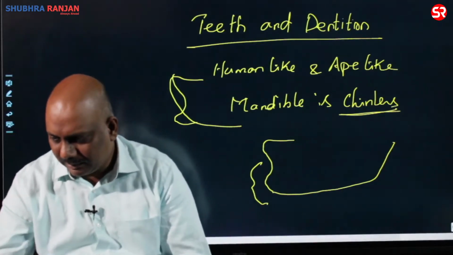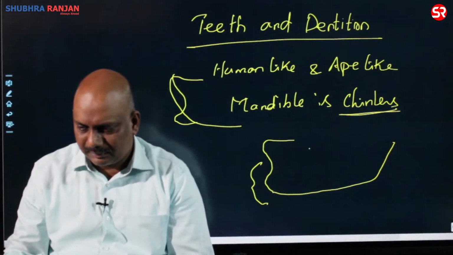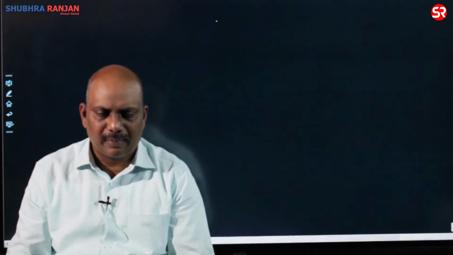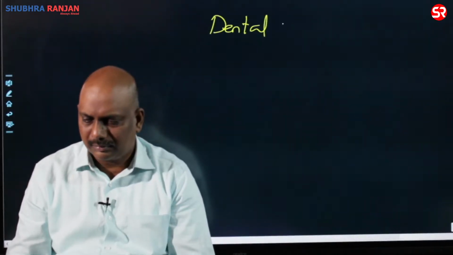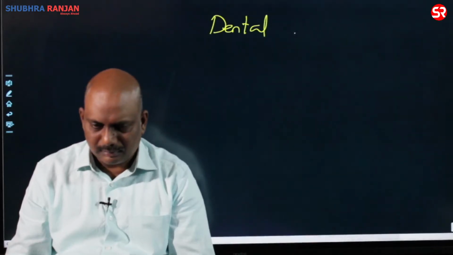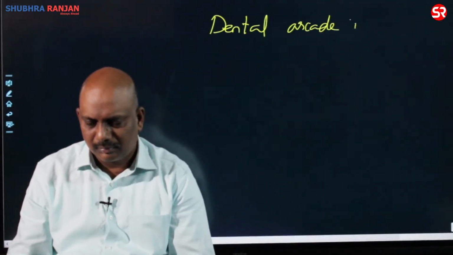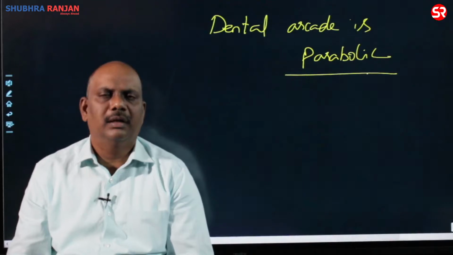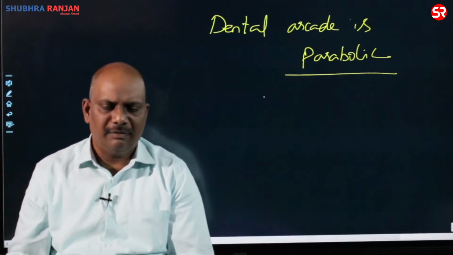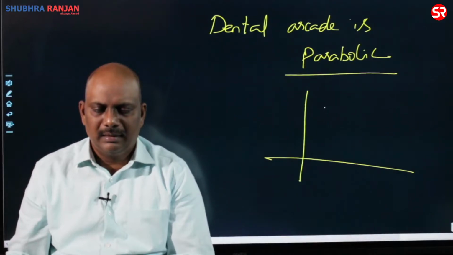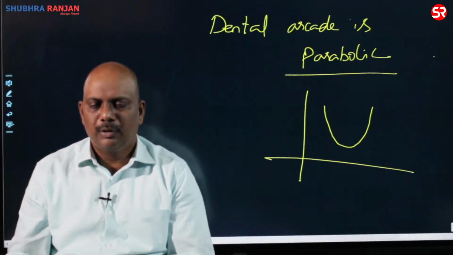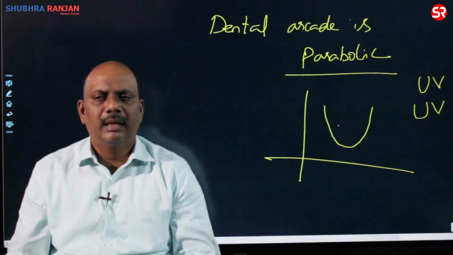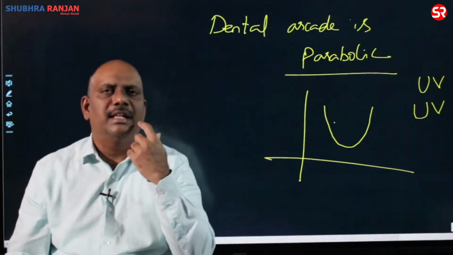Then the dental arcade is parabolic. I told you what a parabola is. A parabola is a graph, and when you draw a parabola, it will be in between U-shaped and V-shaped. The human jaw is in the shape of a parabola.